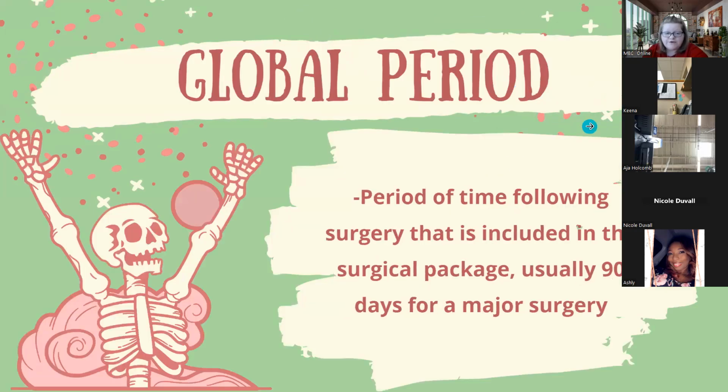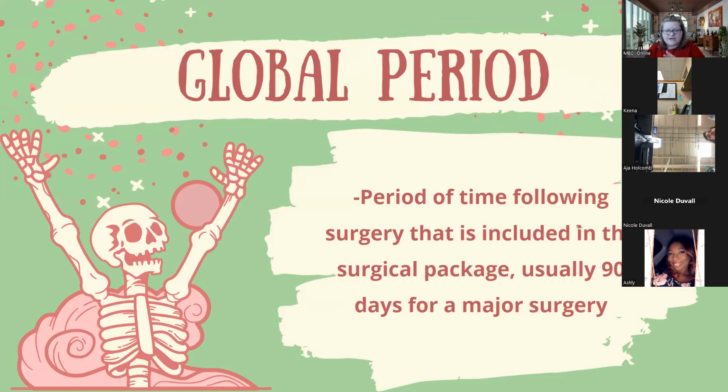What a global period is, that's something you're gonna read about in the surgery section, because most surgical procedures have a global period, and that is just a time frame, possibly sometimes before, most of the time after a surgical procedure, such as 90 days or 10 days, depending on how serious the surgery is, where office visits and things, like anything done in there that had to do with that procedure, are included in the cost of the procedure.